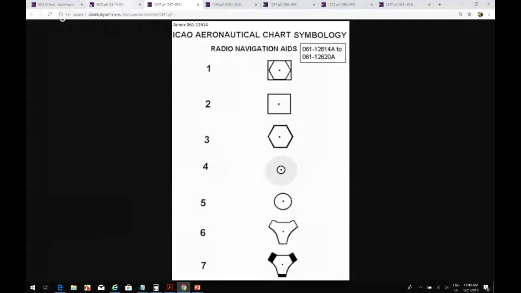No, it's not. I don't know where they saw the VOR DME in this picture, unless I'm looking at the wrong circle. Perhaps this triangle. No. Don't know.